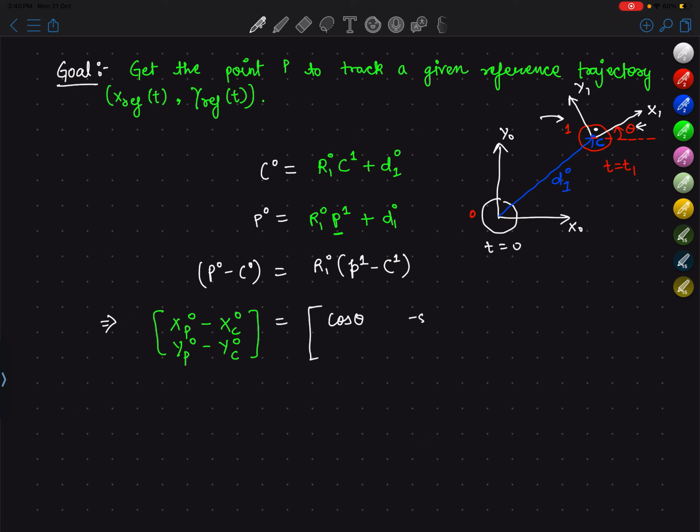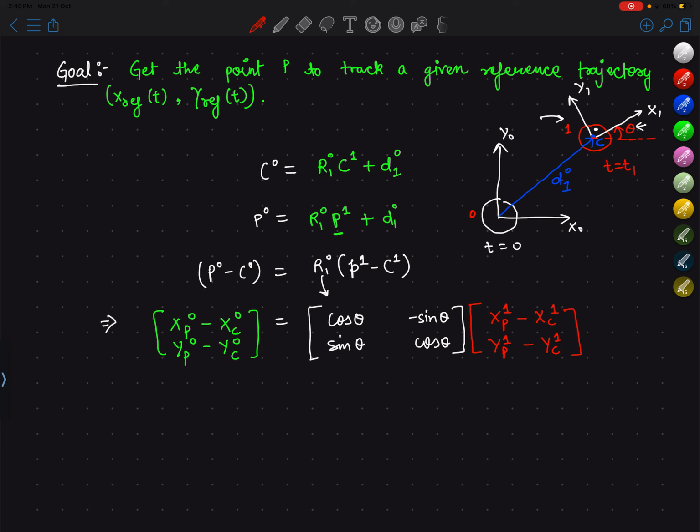This is the rotation matrix. And the other vector P1 minus C1 we can write as xp1 minus xc1 and yp1 minus yc1. This is the expanded form.